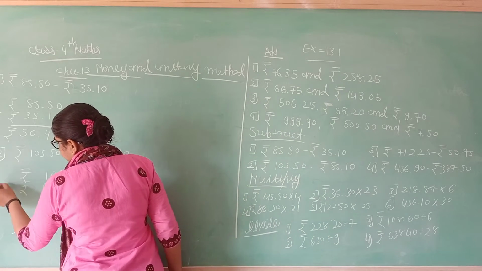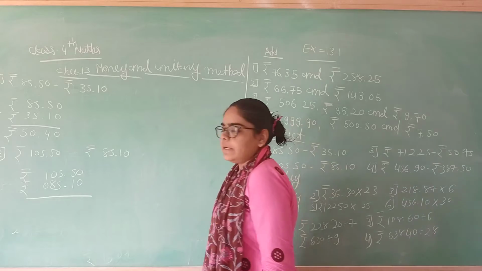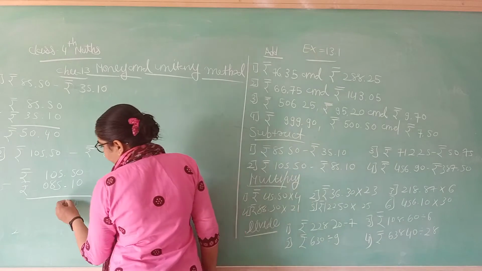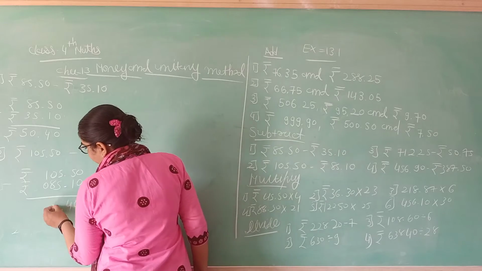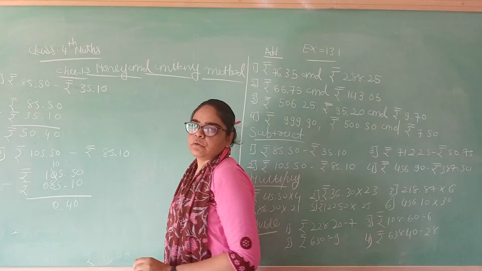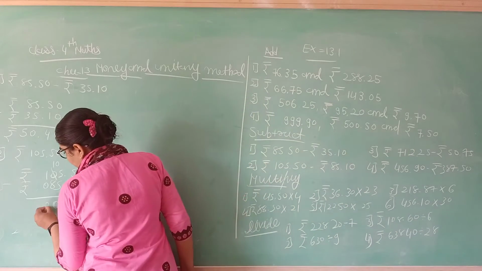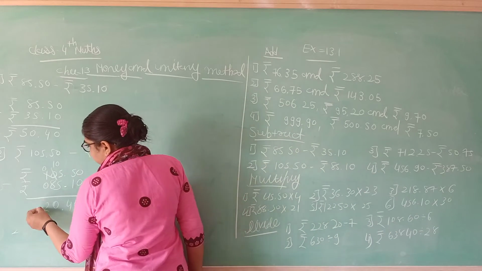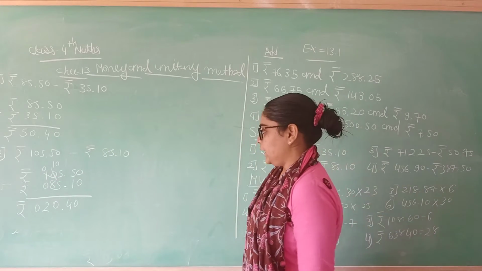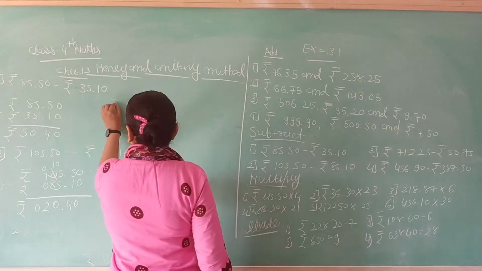The place of 100 is not given, so write down 1, 0. Here 0, 1 out of 5 is 4, 5 out of 5 is 0. Then after here 10, 10 out of 8 means here 2. Here cancel, so 0. Your answer is 20.40.